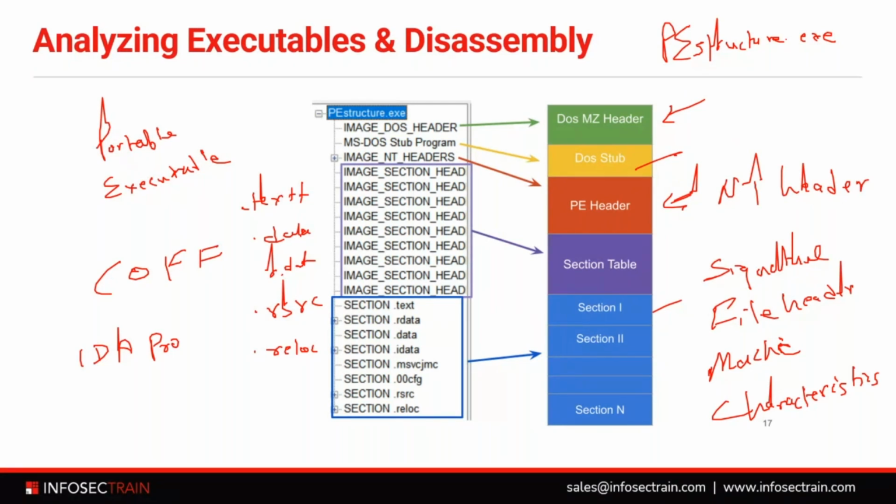When loaded into memory, sections are aligned to memory page boundaries. Addresses are adjusted using the relocation table if not loaded at the preferred base address. Right? So that is the structure of the portable executable file that you use.